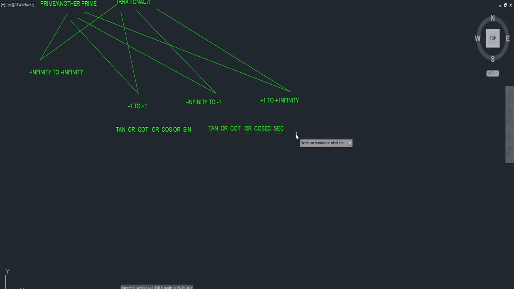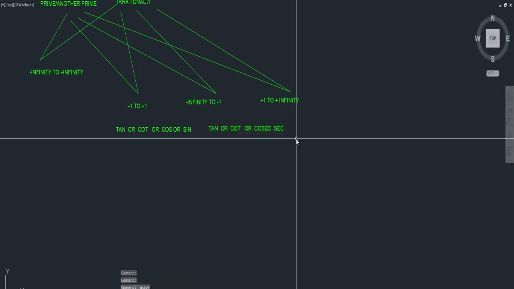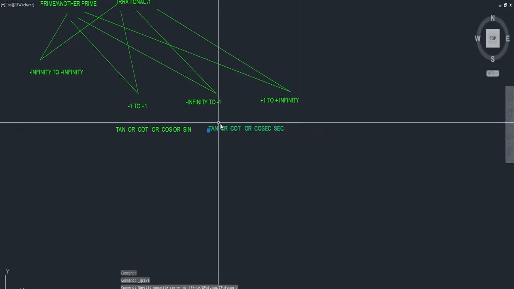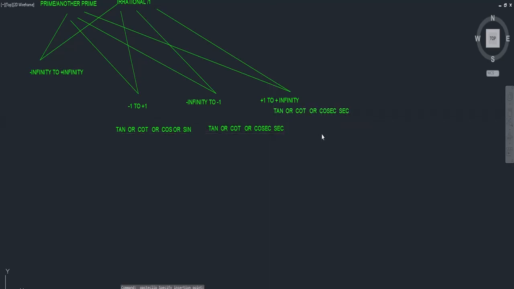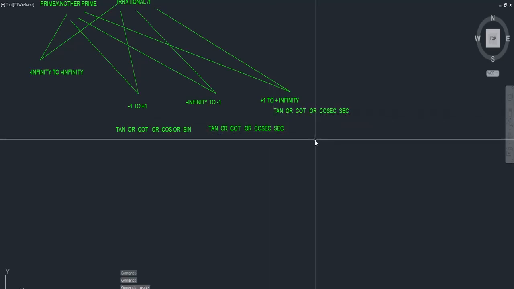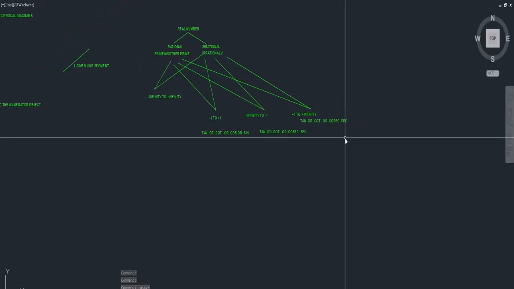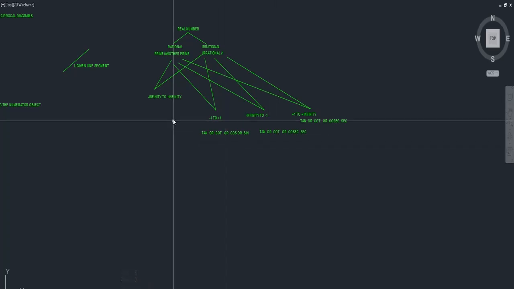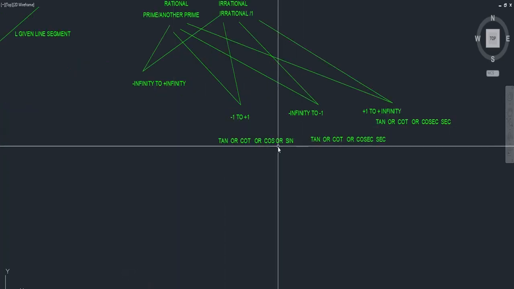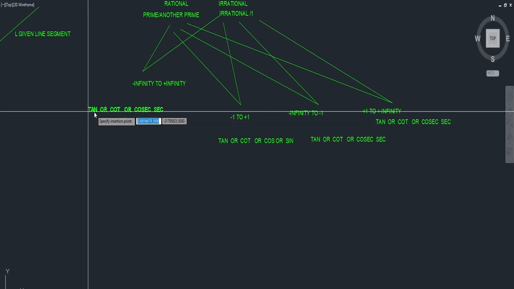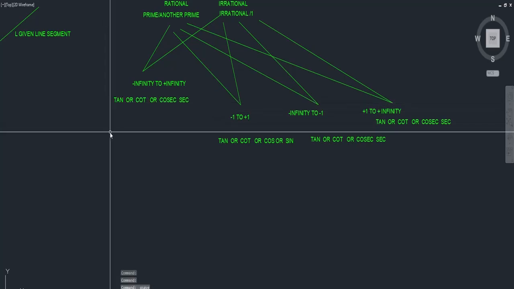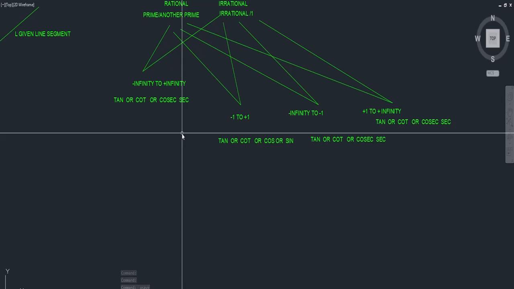Cosec and sec cannot enter into the minus 1 to plus 1 region. Similarly, plus 1 to plus infinity is also possible when it is consumed as a tan animal, cot animal, cosec animal or sec animal, and minus infinity to plus infinity is also possible due to the tan, cot, cosec and sec animals. They have this power to generate this kind of number possibilities.